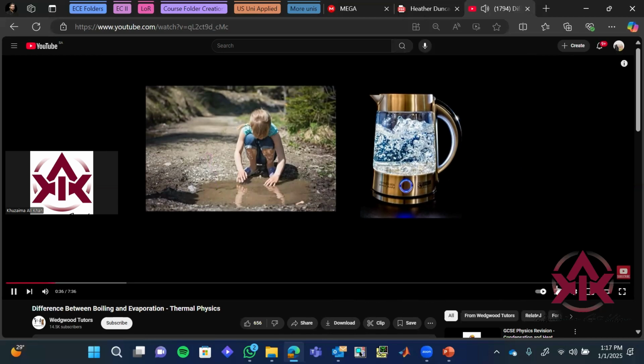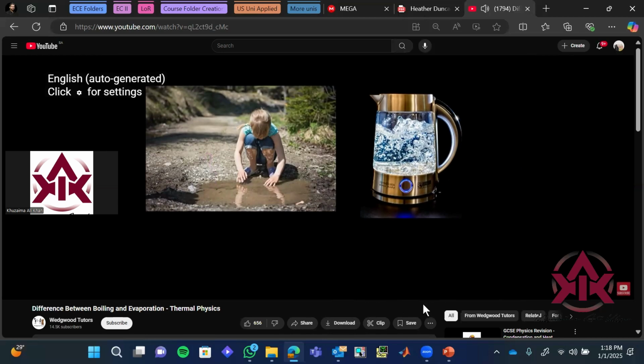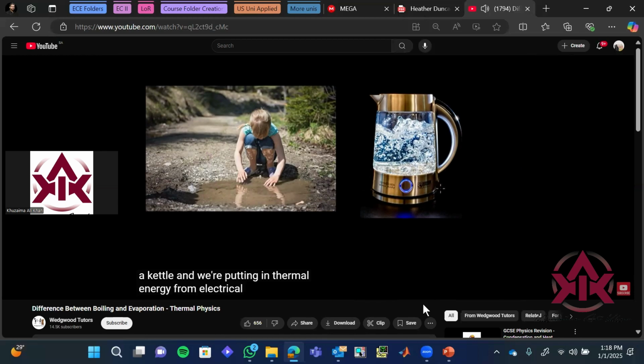It happens very slowly. Whereas if we're boiling water in a kettle, putting in thermal energy from electrical energy, this process happens much quicker as we create steam, which is water vapor, and that could boil the water into gas in a matter of several minutes.